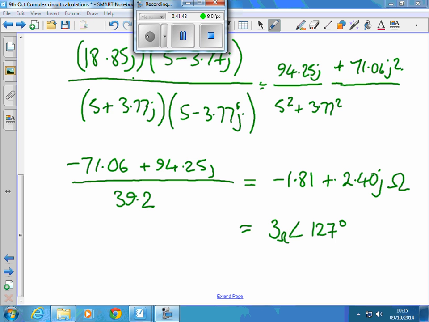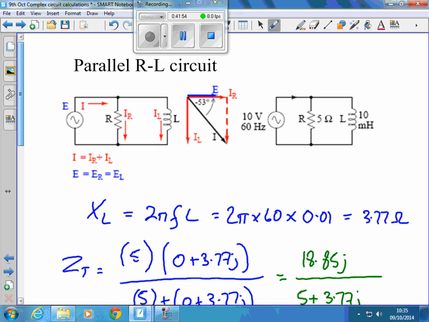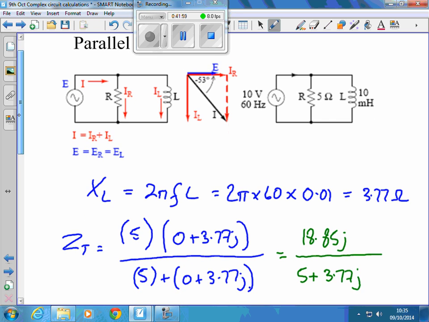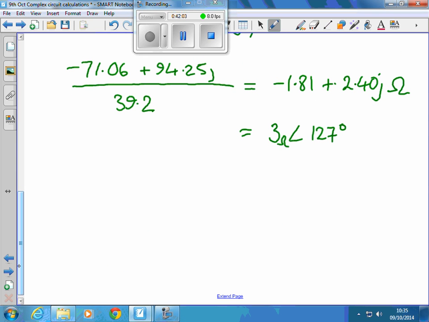Okay. So from that we've got an impedance 3 ohms angle 127, or if we want it in that form, minus 1.81 plus 2.4J. Okay.